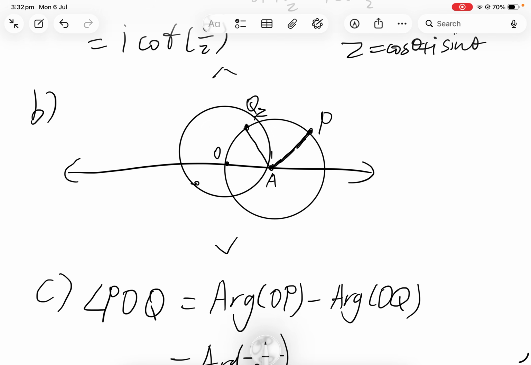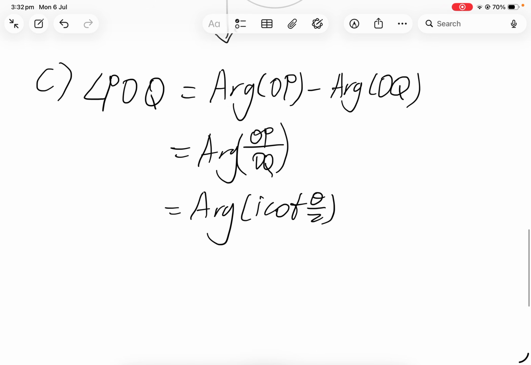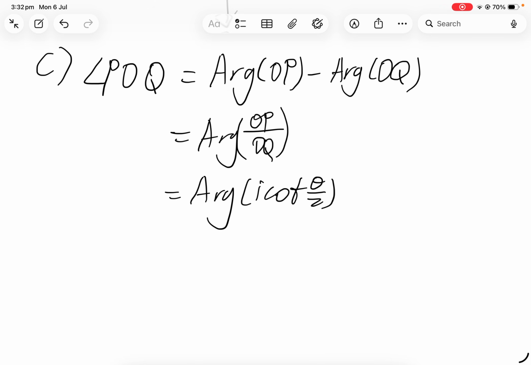So if we know it lies on the y-axis, because the angle comes from the positive x-axis, it must be positive 90 degrees or negative 90 degrees.